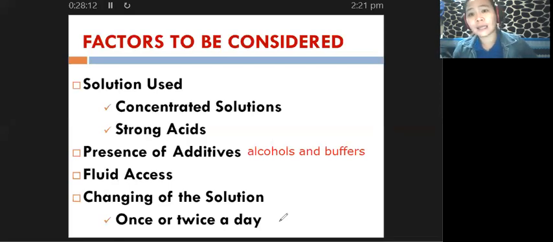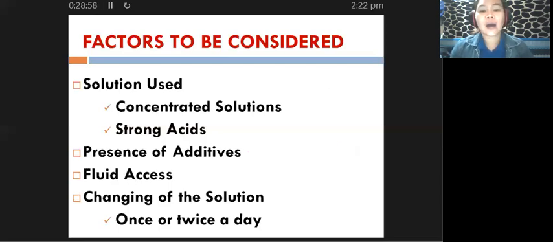So in the process of decalcification, your acid solutions are being used up in a chemical process. That means the effectivity of your acid solutions decreases over time. So that's why you have to change them once or twice a day.